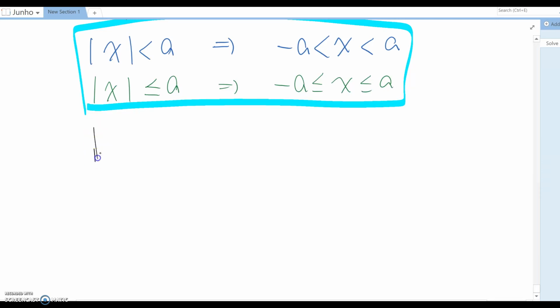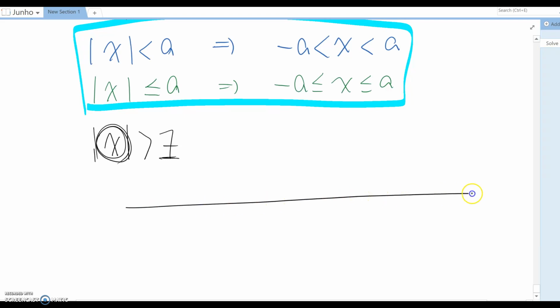Now, what about, I'm going to assign the same numbers and same variable, but a different direction. Like absolute x is now bigger than 7. Then the interpretation: this means this x value is more than 7 units. Okay?